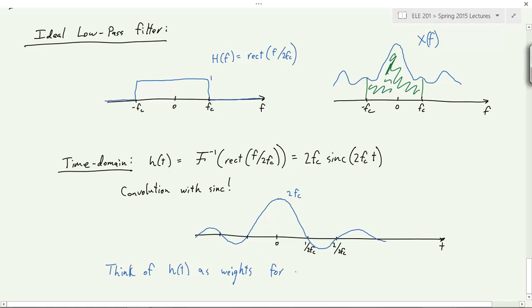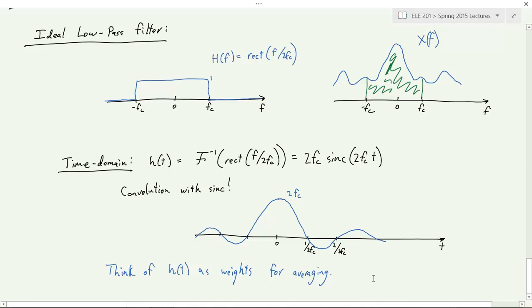So this is a local averaging, but rather than doing the naive local averaging, where you just take some window and take an average, here it's saying if you really want an ideal low-pass filter, then you should weight the things that occur close in time the most, but you should weight it in this weird way. Things that occur this long ago, between 1 over 2fc and 2 over 2fc, you actually have a negative weight on those things for your weighted average.